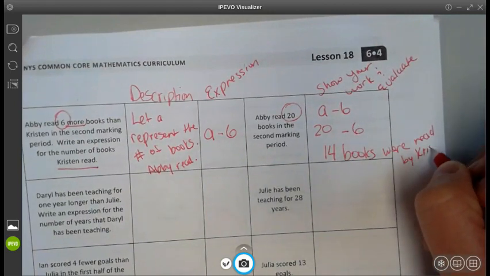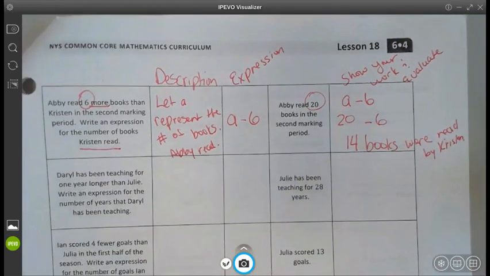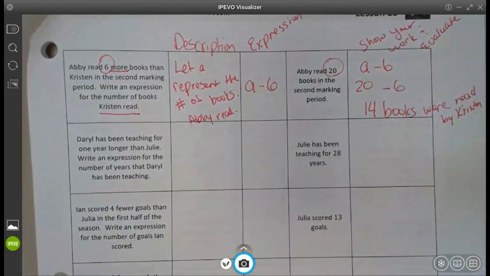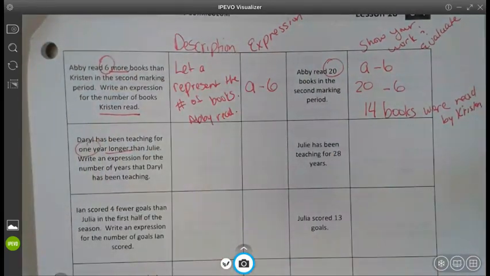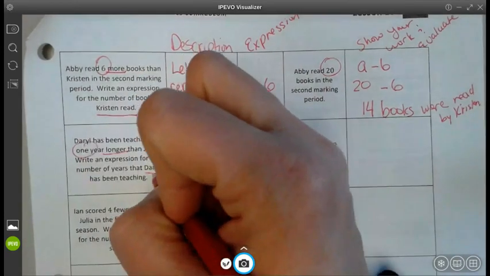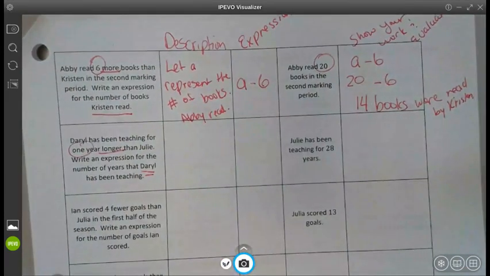All right, Daryl has been teaching for 1 year longer than Julie. Okay, 1 year longer than Julie. Longer is another way of saying more than. Write an expression for the number of years that Daryl has been teaching. So we're trying to solve for Daryl.